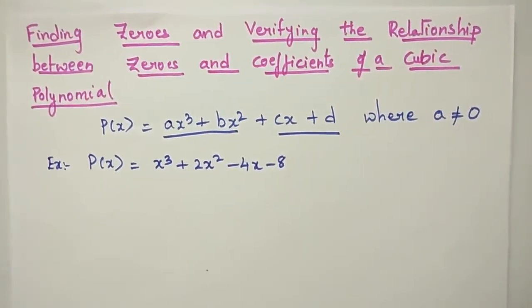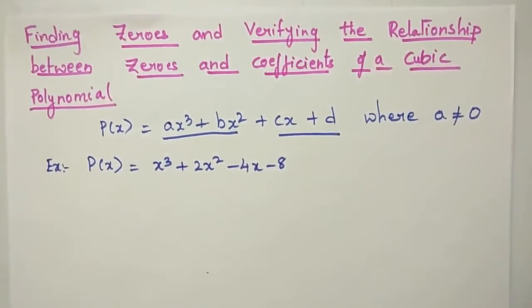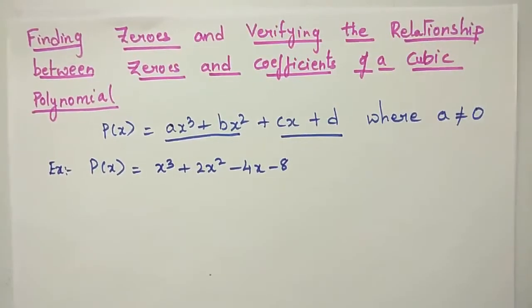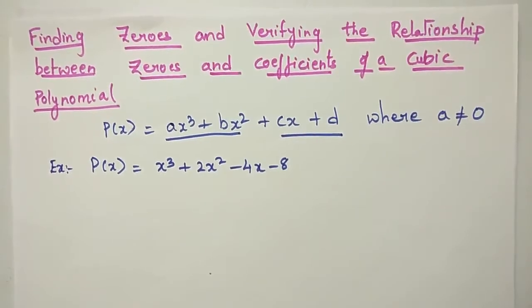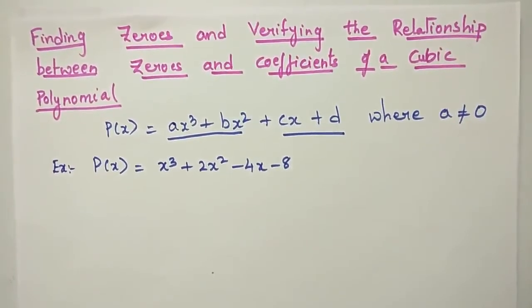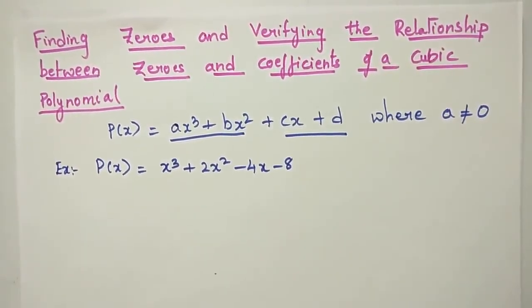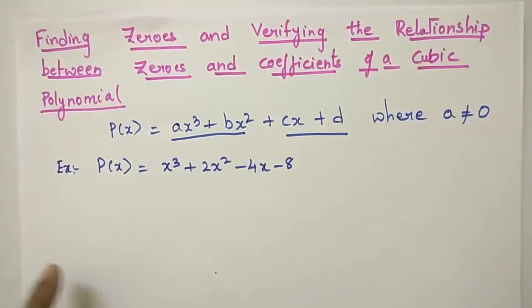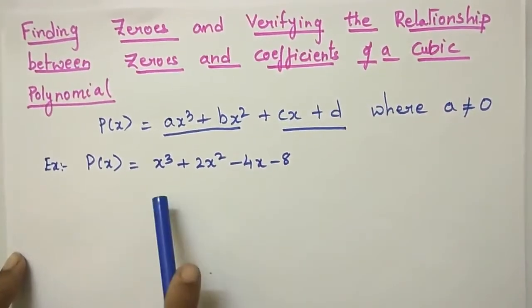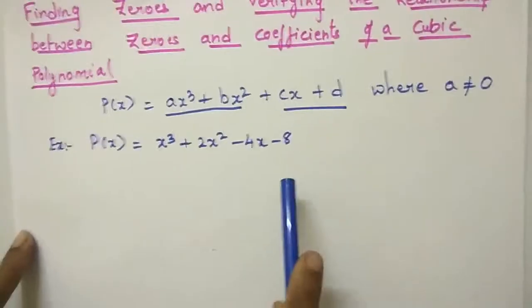Also, we studied that a cubic polynomial has three relationships between zeros and coefficients. If you didn't, please watch the video. I have given the link in the description. So, this is a cubic polynomial, and it can be expressed as a product of three linear factors.